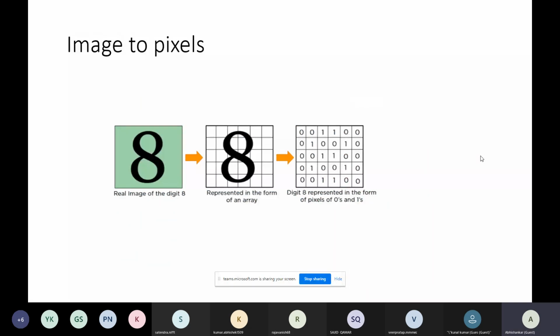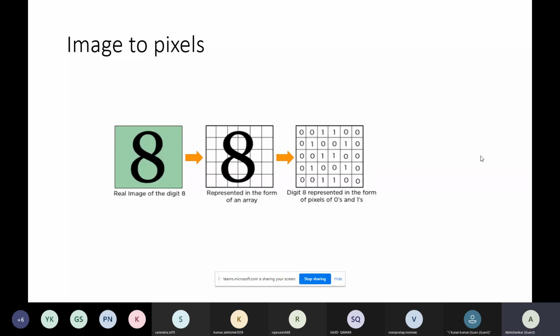See how we are converting these images into pixel form. This is the color image; we have just removed the green shade, and now there is a white background, which we have converted into pixel values.